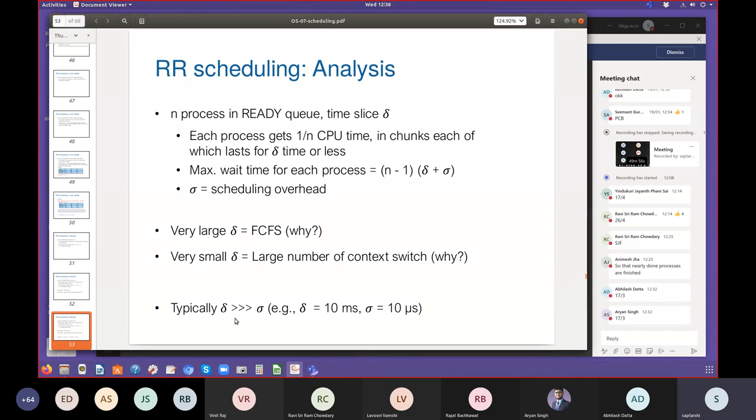And typically delta is taken much larger than sigma. Sigma is the scheduling overhead. Remember what we discussed, that this scheduler should be very fast. For example, delta might be 10 milliseconds and sigma might be 10 microseconds. So the scheduling has to be that quick.